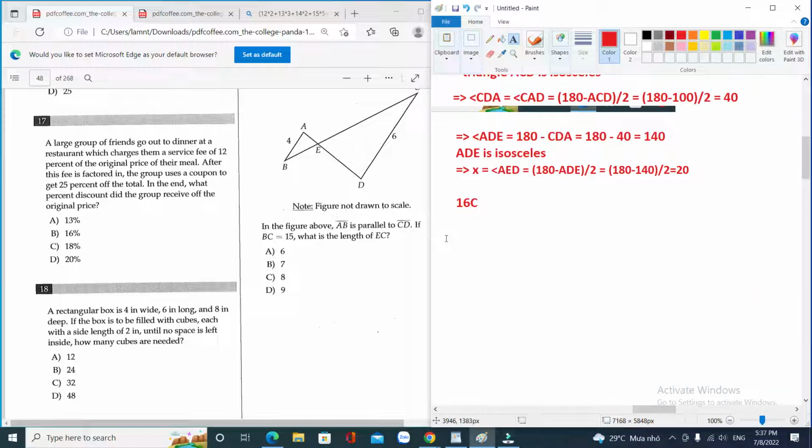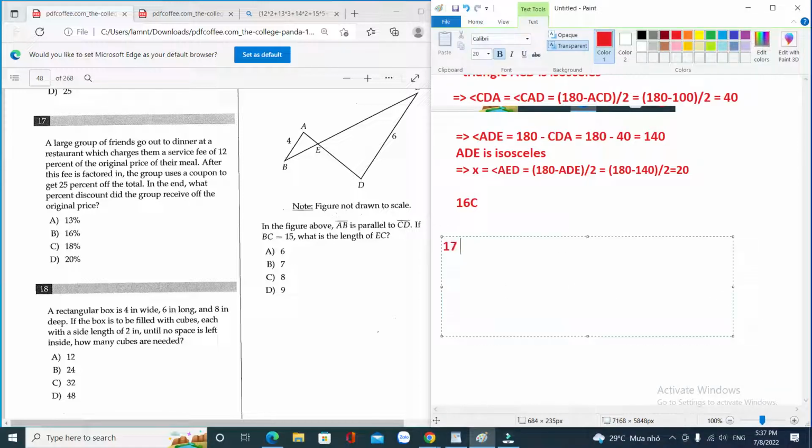Okay, so this is actually like this. So the original price is actually 8. They have to take a 12% service fee. So that's 8 times 100 plus 12 over 100, which is an additional 12%. So the group used a coupon to get 25% off the total.